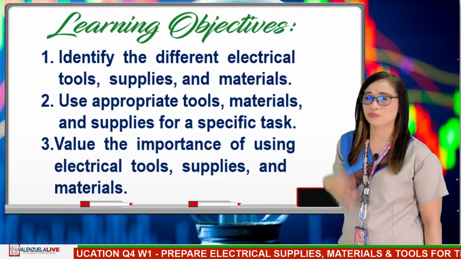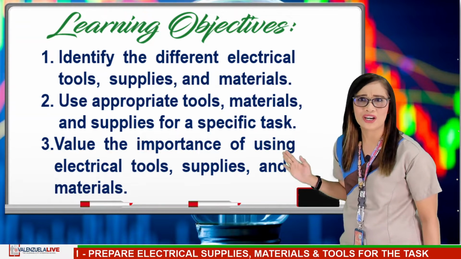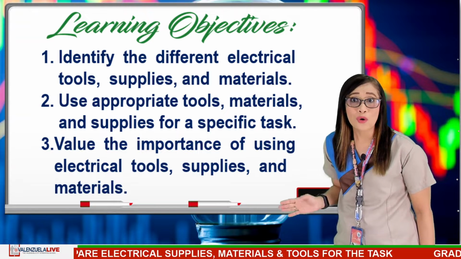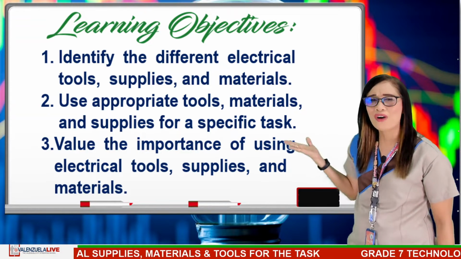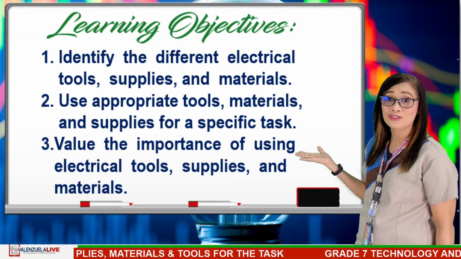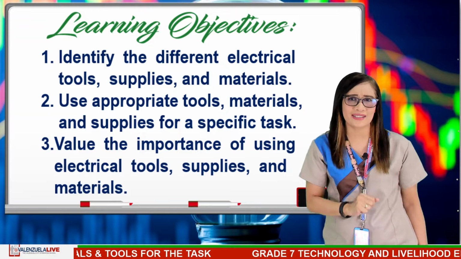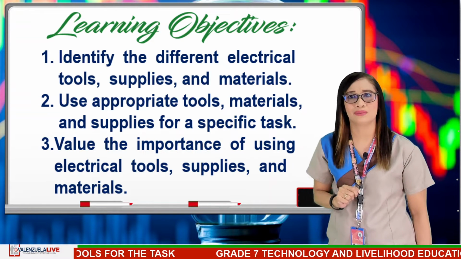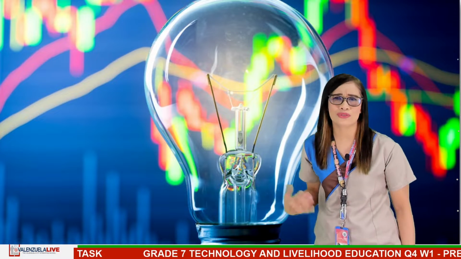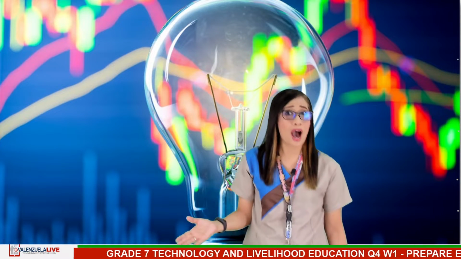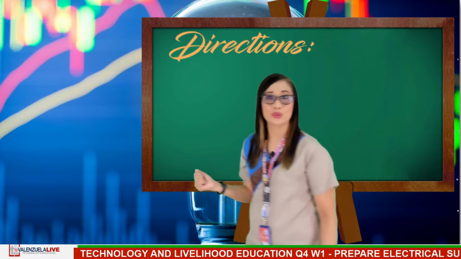Number two, use appropriate tools, materials, and supplies for a specific task. And number three, value the importance of using electrical tools, supplies, and materials. Let's find out what to discover in our lesson by answering what's new.